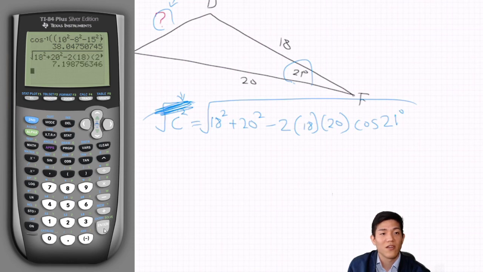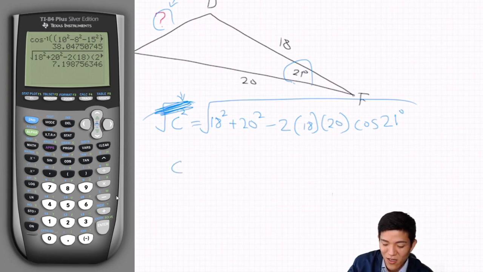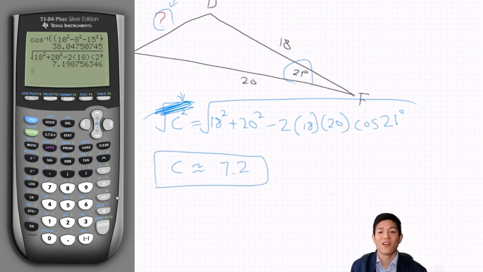Then we get 7.1987562, whatever, right? Rounded to the nearest tenth, we get C is approximately 7.2, and that is our answer for the length C.